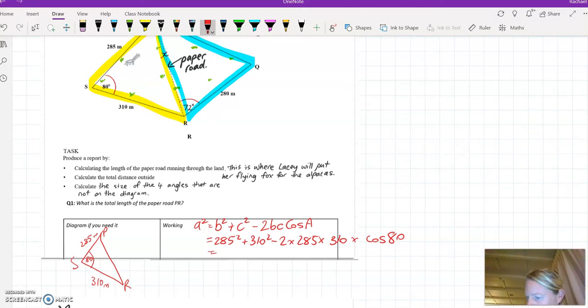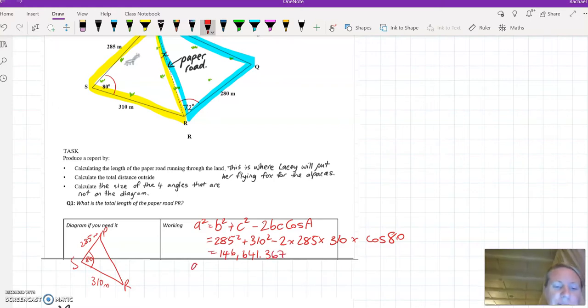And I'm getting 146,641.367. Of course, that's way too big, isn't it?